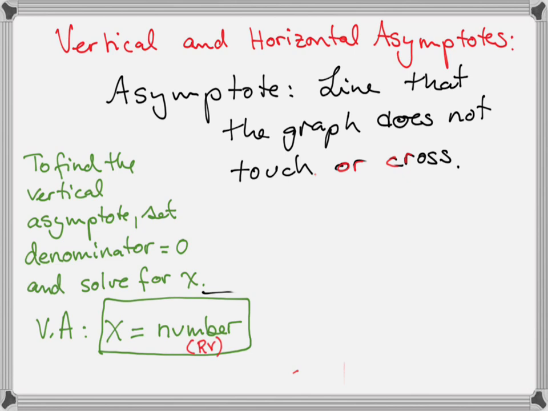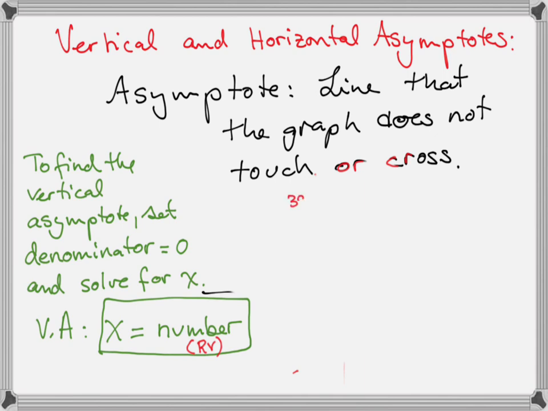So if I look in the book real quick, let's practice that. The book in 3.6 has find the vertical asymptote. Let's go to this one right here.